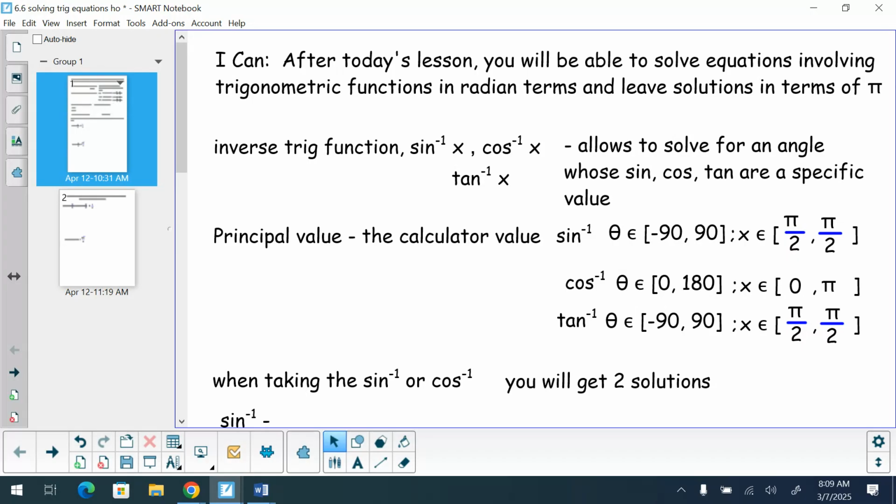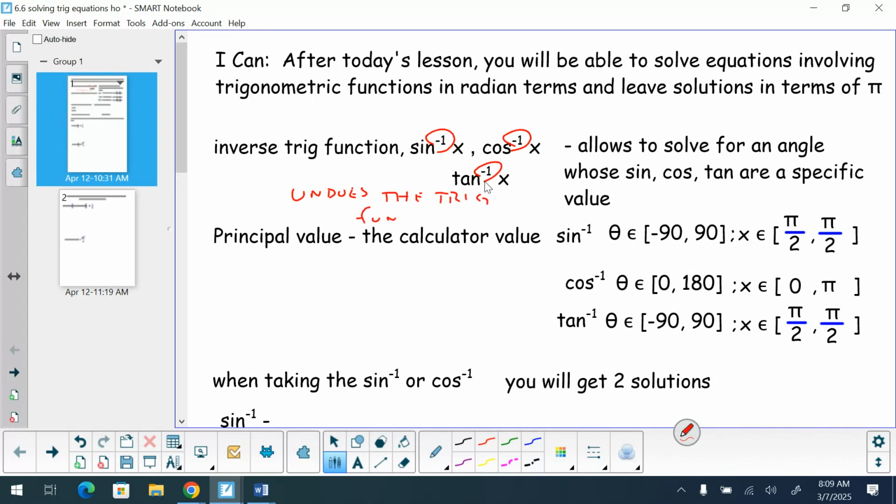It gets rid of sine, cosine, and tangent. When we take the inverse trig functions, it undoes the trig function. It allows us to get rid of that trig function.